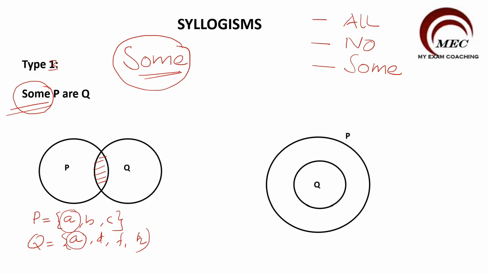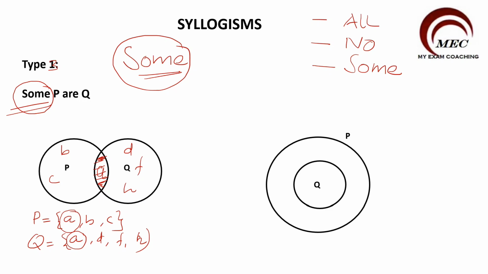If P is A, B, C, then B is here, C is here, and A I can put here. And A is the common area. In the common area, we have to put that word A. And then Q includes A, D, F, H. So A is here, D, F, and H. D, F, and H are not a part of P. Similarly, B and C are not a part of Q.